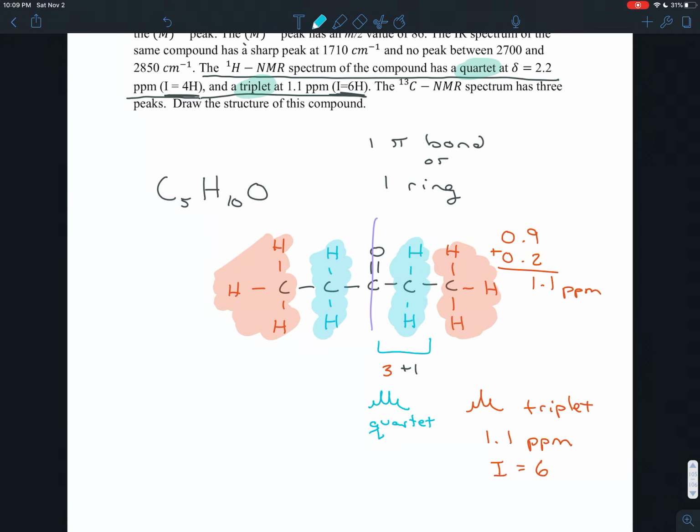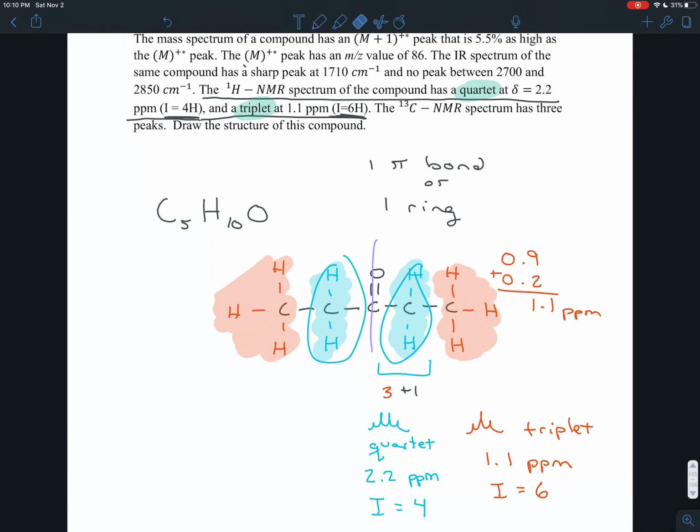Now CH2s normally show up at around 1.2. They're alpha to a carbonyl, so you'd add 1. And so you'd expect the signal to be at 2.2 parts per million. And when you think about the integration, there are only 2 hydrogens here, but notice there are other hydrogens in the same electronic environment. Those will all show up in the same peak. And so there are actually 4 hydrogens in that electronic environment.